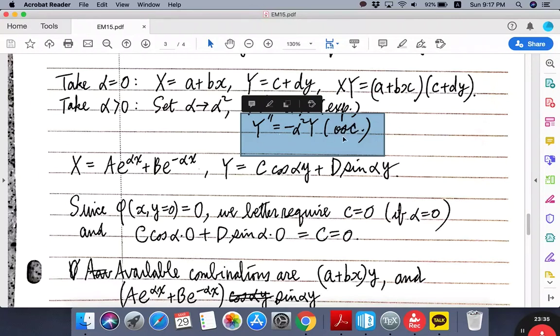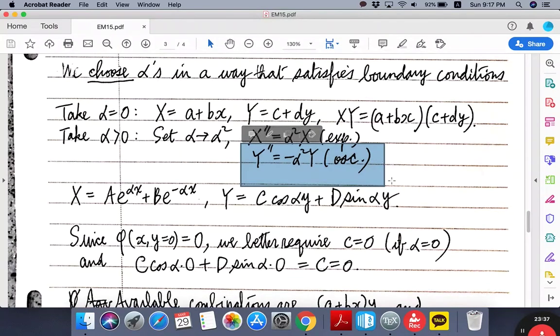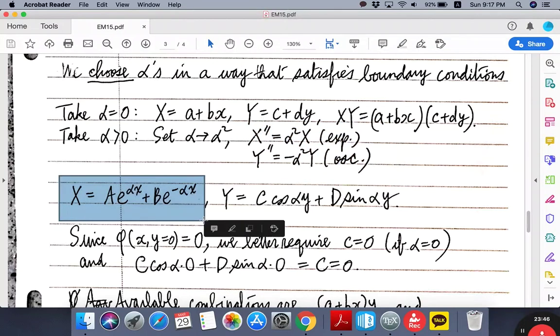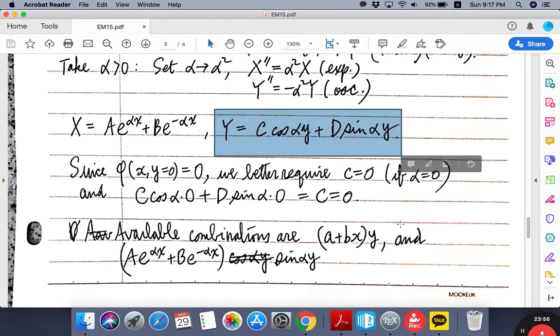These are both familiar second order differential equations, and we know perfectly well what the solutions are. The solution for the x function is a combination of two exponential functions. The solution for y is a combination of two harmonic functions like this.